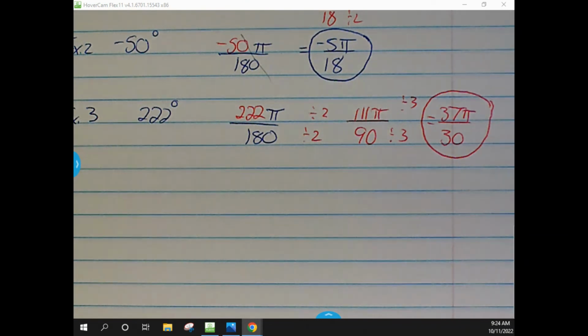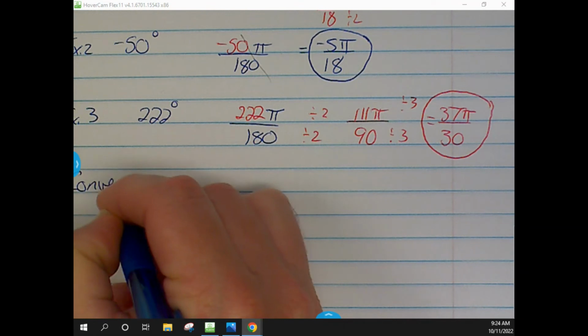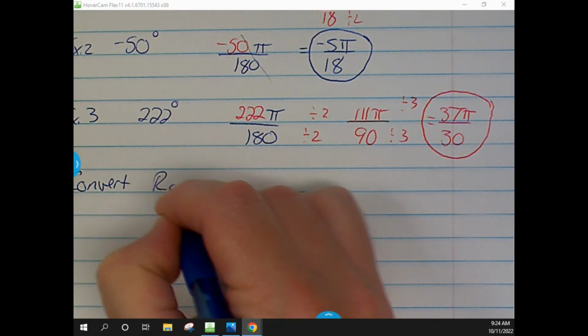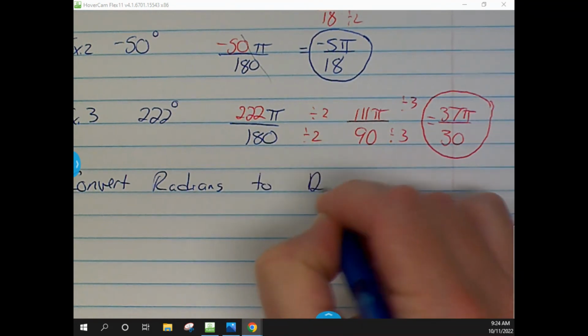Okay, now the two you have to do, that's a hard one, which you may be going, well, that's not really that hard. It's not. Here's the easy one. Go in the other direction. We're going to convert radians to degrees.